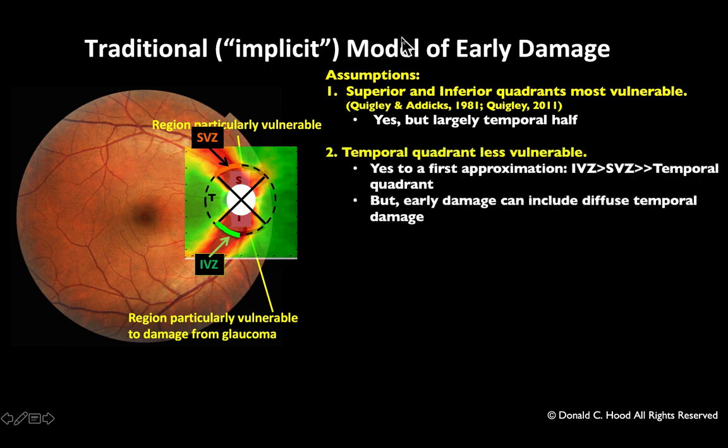The second assumption of the traditional model is that the temporal quadrant is less vulnerable. Again, we agree, yes, to a first approximation. This is the most vulnerable region, followed by this, followed by this. But early damage can include diffuse temporal damage.